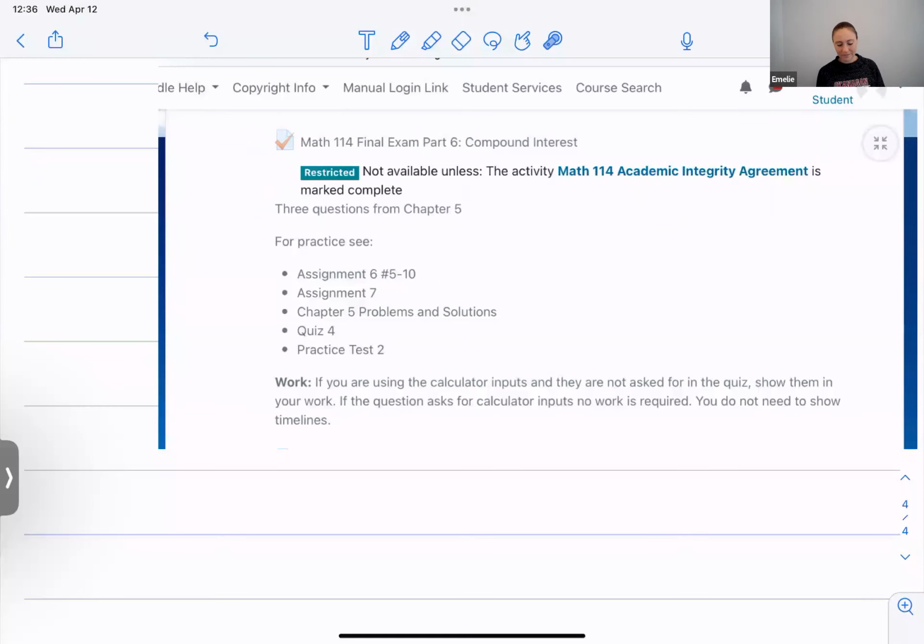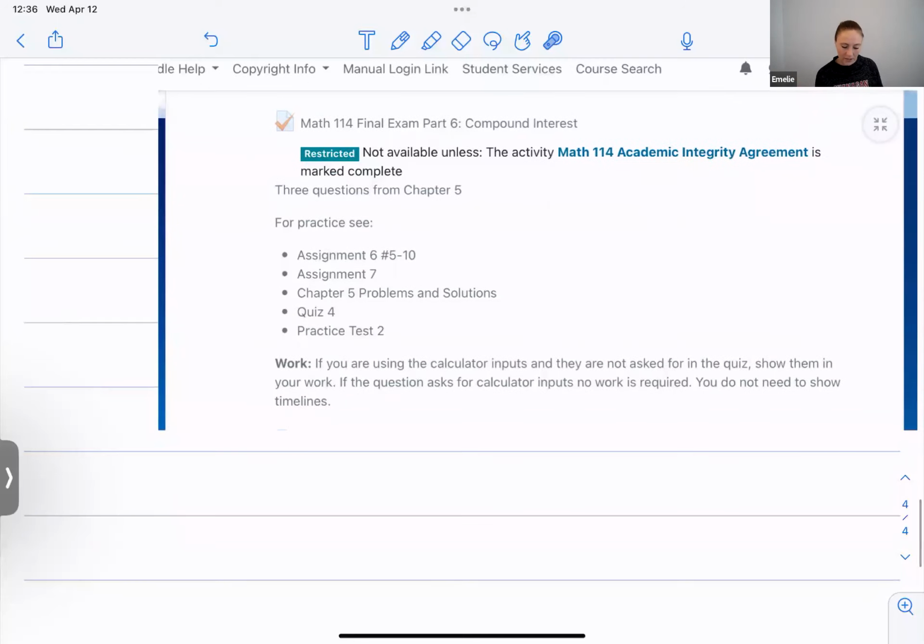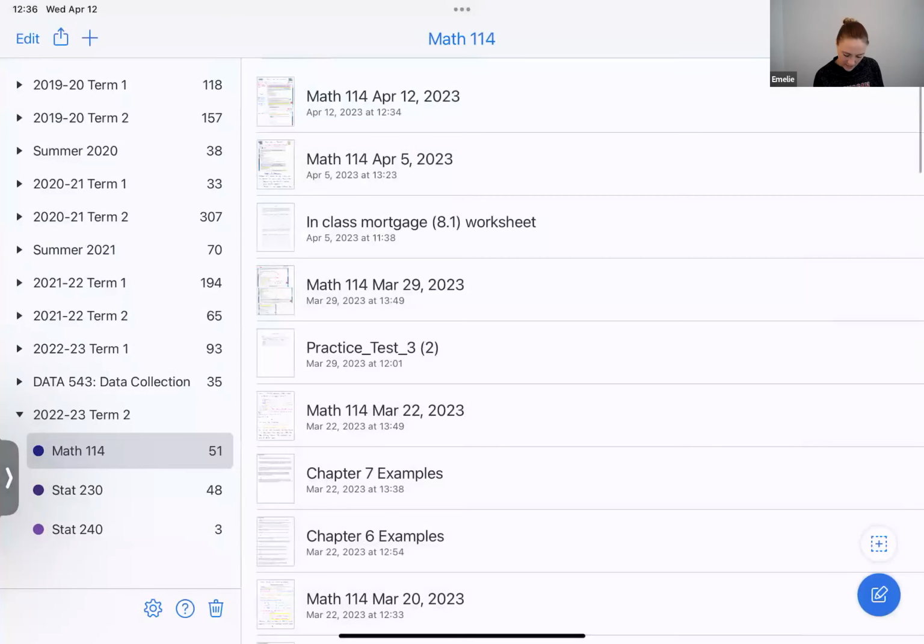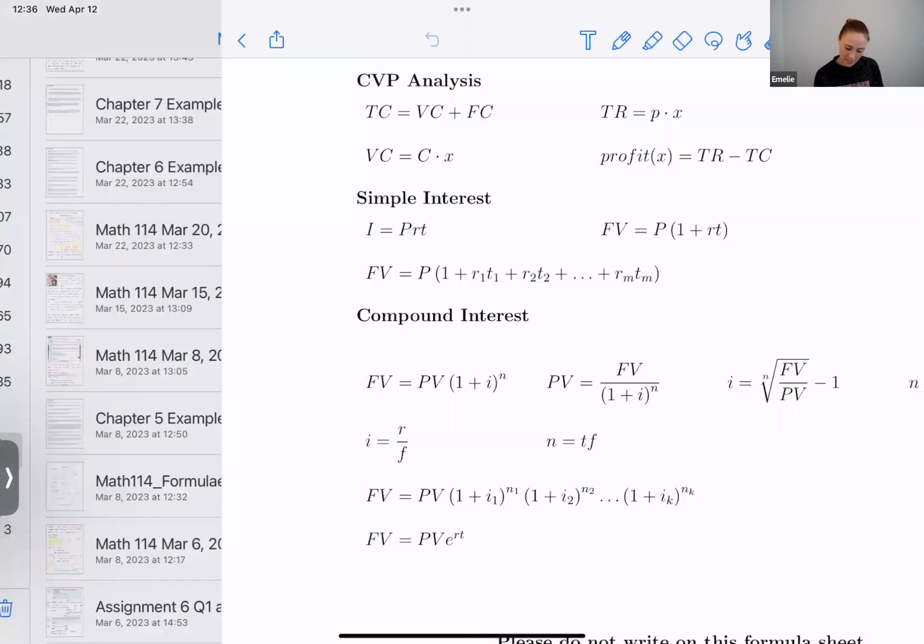Except for part 2, everything that I have put together, all the assignments, quizzes and tests, has been working towards the final exam. So that's why I'm referring to everything that you've done already, because then you can get really, really good at it and just crush the final exam.